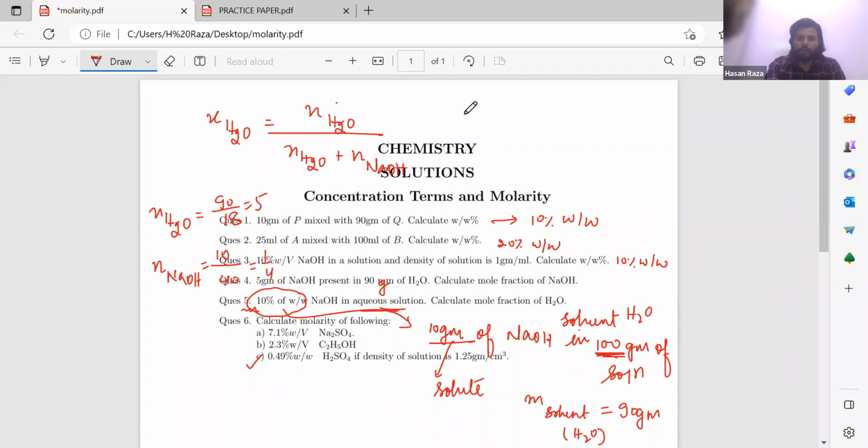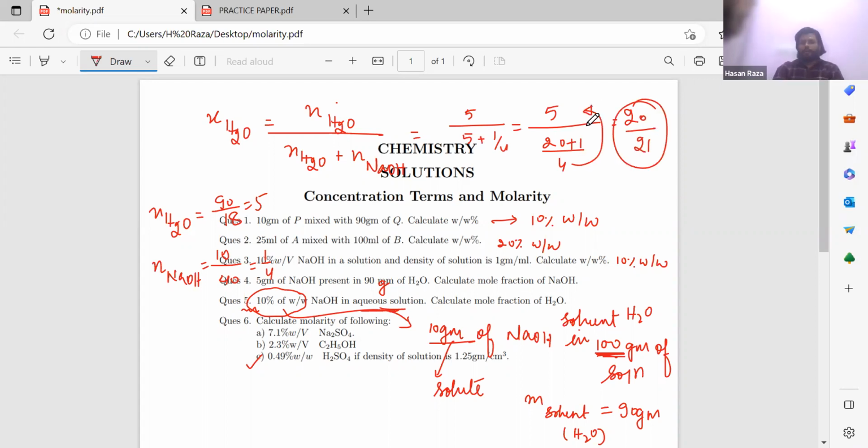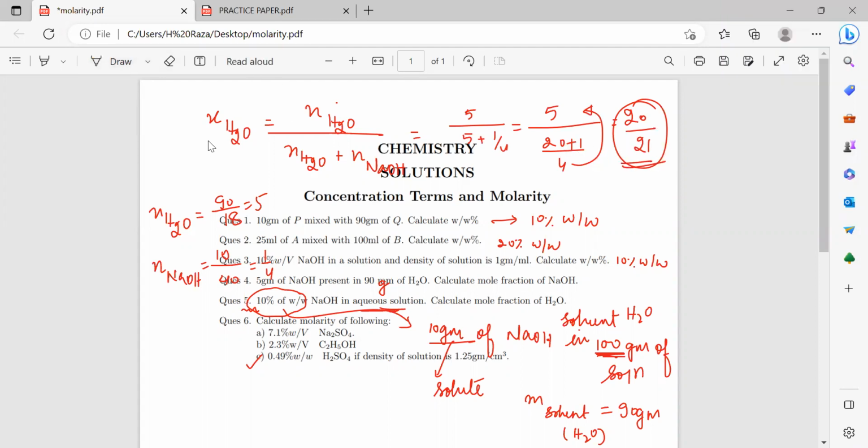So you put the value here, 5 upon 5 plus 1 by 4. Then you take the LCM 4, so the numerator is 5 into 4, 20, and 20 plus 1, 21. It will be 20 upon 21. This is your answer. Is that clear? Yes, sir. It's clear.